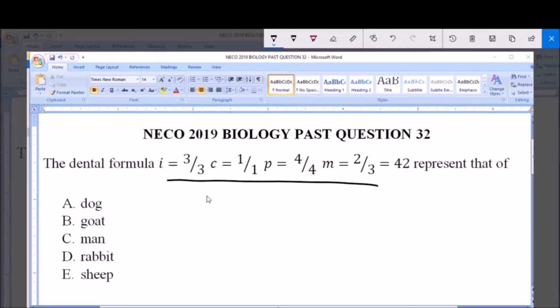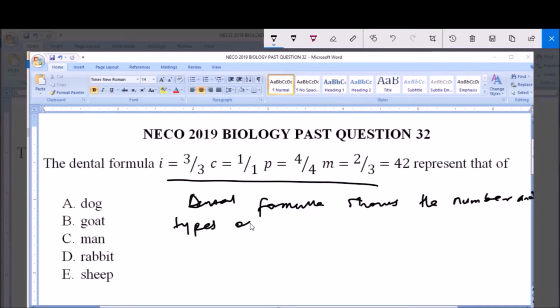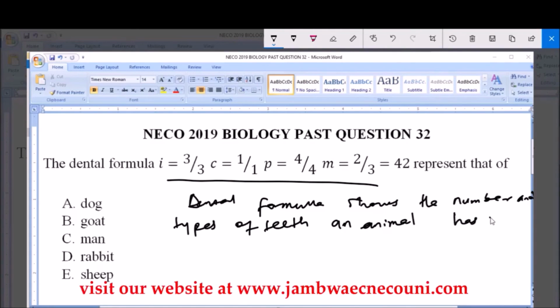Now, like we know, dental formula shows the number and type of teeth an animal has in 1/2 of each jaw.